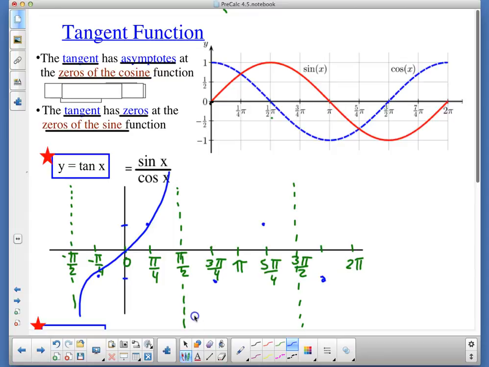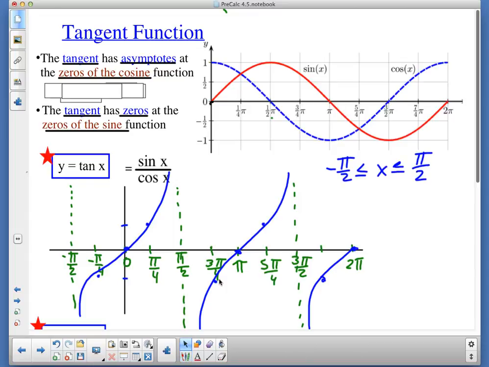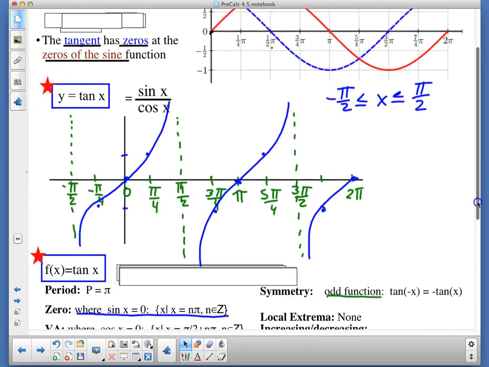Okay, and coming through here and stopping there. And remember, that's my 0 coming across here. And I'm looking at, again, keep in mind, it's negative pi over 2 less than or equal to x, which is less than or equal to pi over 2. Okay, so that's my pi period, as we go through.